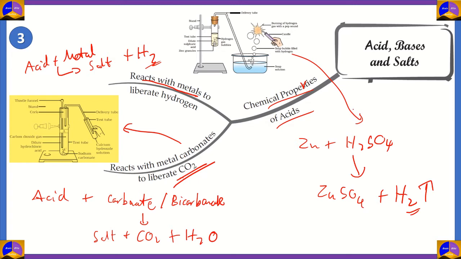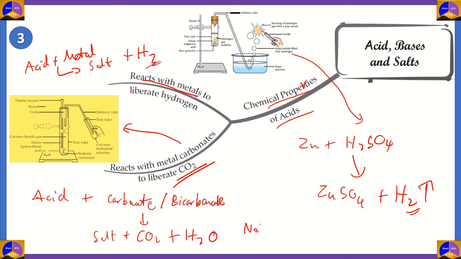This is particularly visible when you use sodium carbonate, that is washing soda, or sodium bicarbonate, which is baking soda. When you react that with HCl, you get NaCl, also known as common salt, the salt that we usually use in kitchens, and then carbon dioxide, CO2, and H2O, that is water.